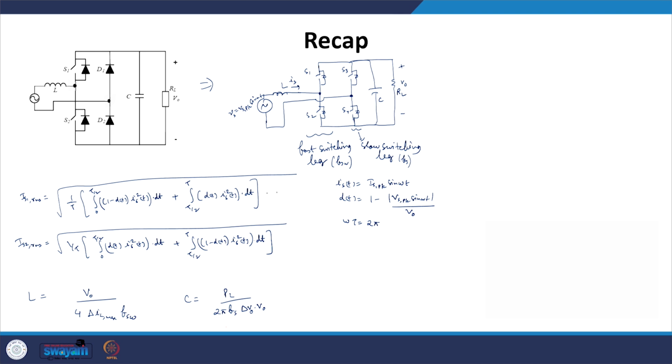Here Is is nothing but Is peak sin omega t. We assume that this converter draws a unity power factor current from the source.